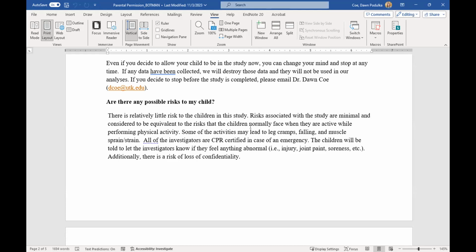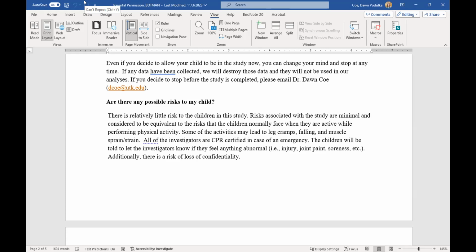So in that case, before anyone did the study, we asked them how they were feeling that day. If they were feeling any nauseousness or sickness, then we just move their assessment to another day. We also let them know that we're CPR certified, and that if there are any abnormal feelings, to let us know. That way we can make adjustments so that they do not experience any of those injuries.